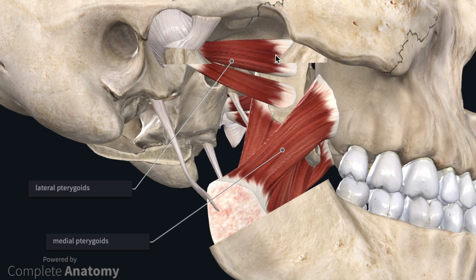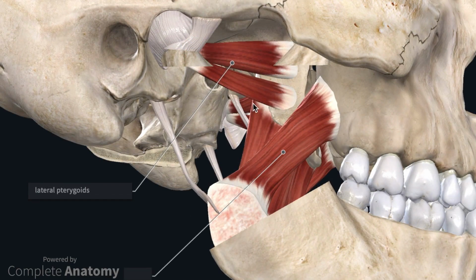The superior head attaches to the roof of the infratemporal fossa, as well as the lateral portion of the lateral pterygoid plates here. The inferior head attaches to the lateral portion of the lateral pterygoid plates. Moving posteriorly, both heads will fuse and will attach to the condyloid process of the mandible, located approximately here.